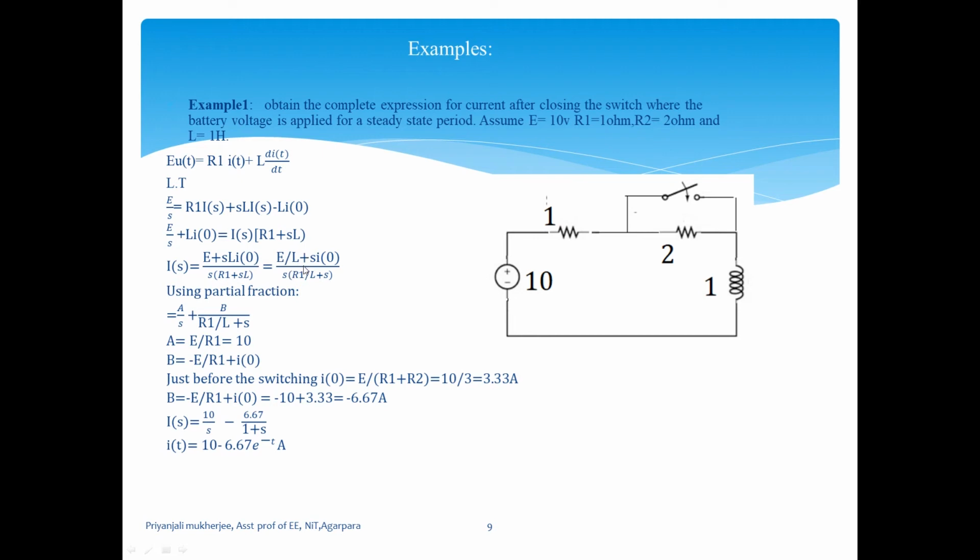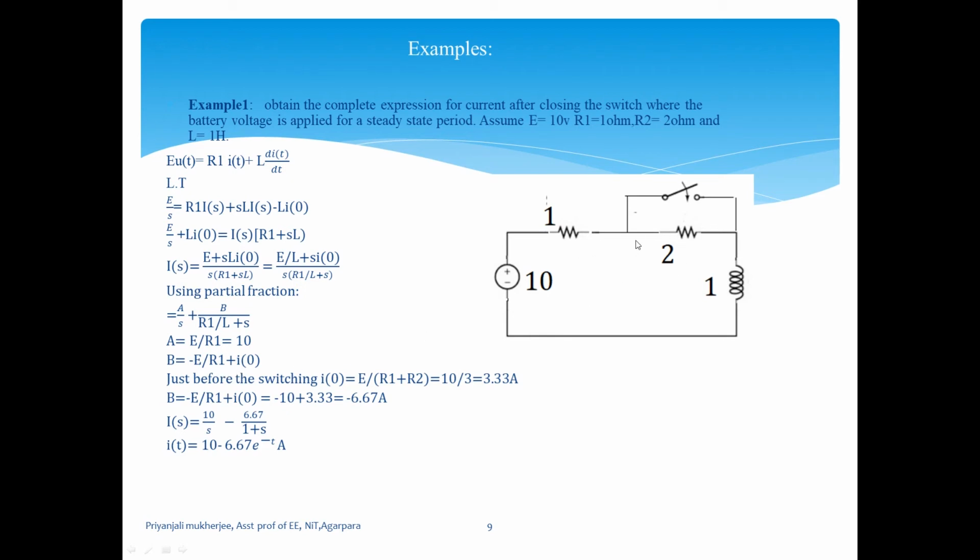So from this equation, I(s) is equal to E by L plus s I0, divided by s into (R1 by L plus s). Using partial fractions, we can find the values of A and B. A is E by R1, that is equal to 10, because E is 10 and R1 is 1 ohm, and B is equal to minus E by R1 plus I0.